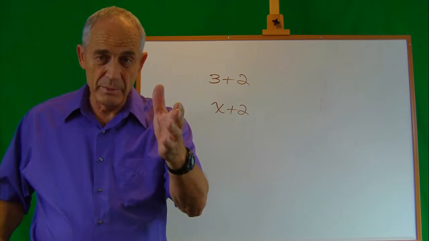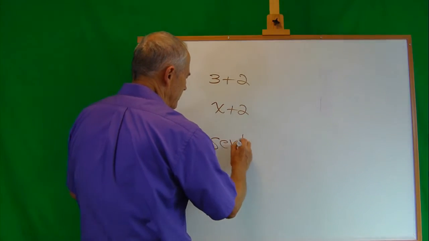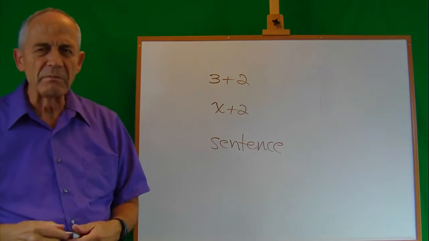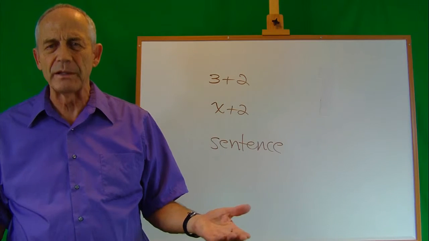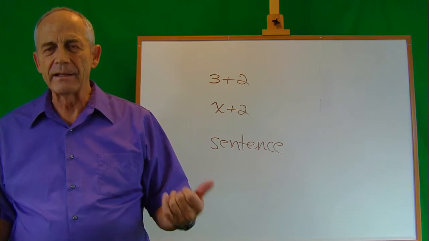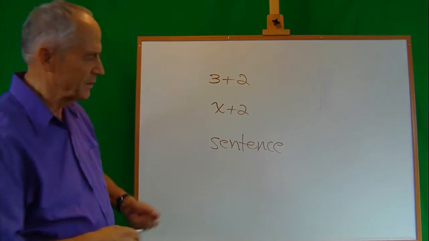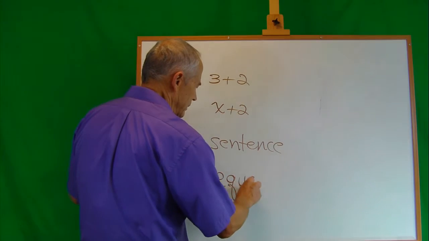Sentence? Everybody familiar with that? A sentence has a complete thought. Well, it's possible in math to have sentences that have complete thoughts. And in math, we give those mathematical sentences a special name. It's called an equation.